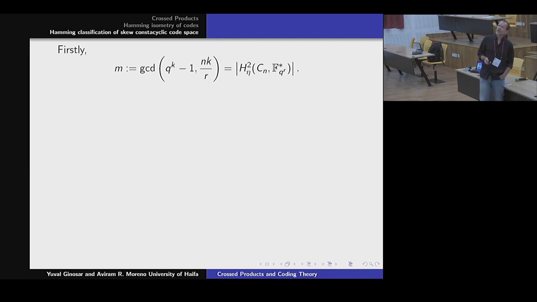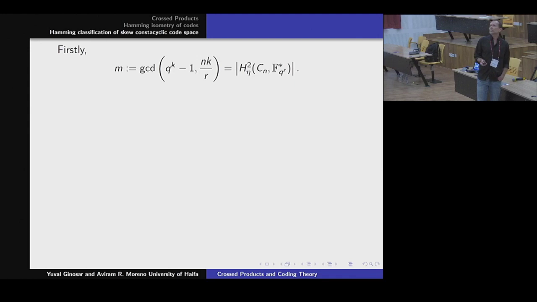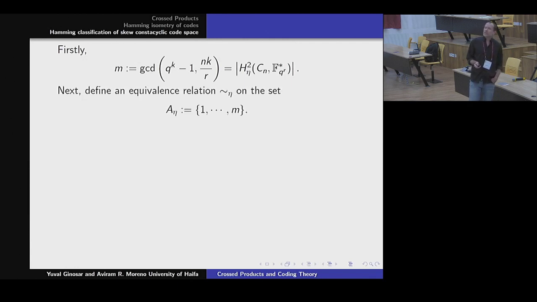Nk over r turns out to be an integer. So the GCD is just the size of the cohomology, and now we have to partition this cohomology with respect to the isometry. Define an equivalence relation which depends on eta on this set.